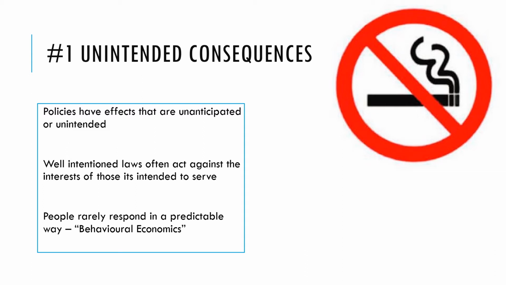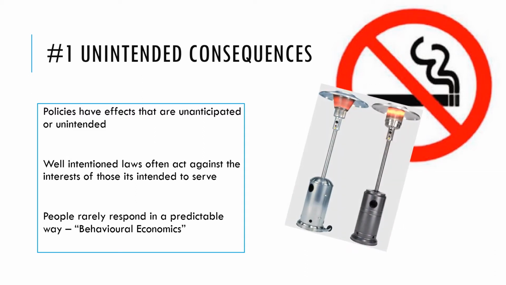And the consequence was, if you can't smoke inside a pub, where are you going to go to smoke? Well, you're going to go outside. And you're probably going to go outside in the winter and cluster around one of these. And so as a result of this introduction of a ban on smoking indoors to correct the negative externality of passive smoking, there was a huge increase in demand for patio heaters outside.